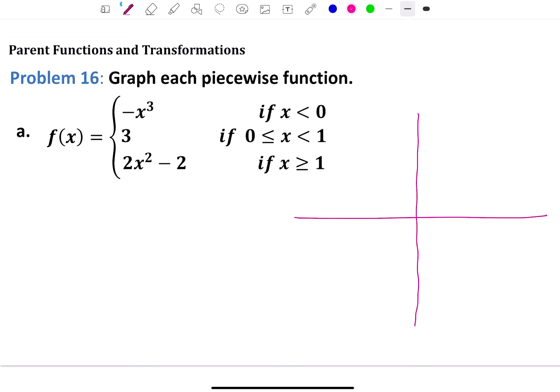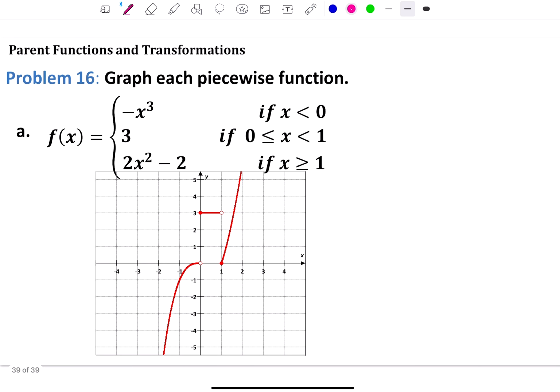For x less than 0, it's a cubic function reflected. Between 0 and 1, we have a constant function, which is y equals 3. To the right of 1, we have a quadratic function multiplied by a factor of 2, and it's moved 2 units down.